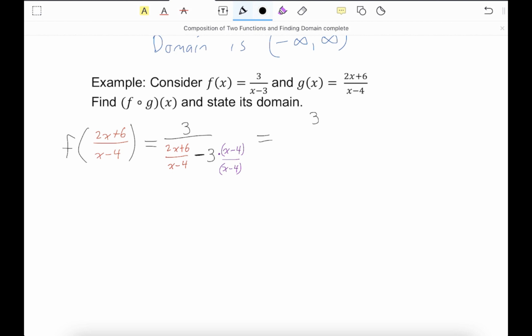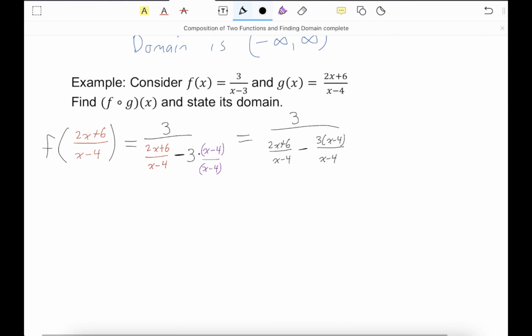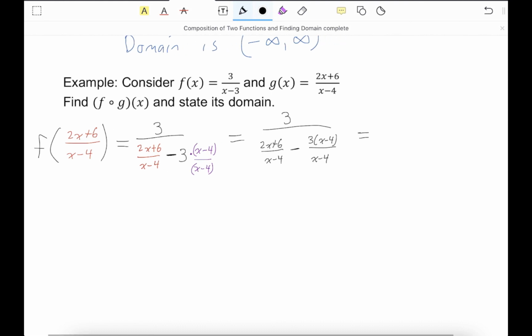This is then the same as 3 over 2x plus 6 over x minus 4 minus 3 times x minus 4 all over x minus 4. Have a common denominator, so we can subtract those. This is 3 divided by 2x plus 6 minus 3 times x minus 4 all over x minus 4.